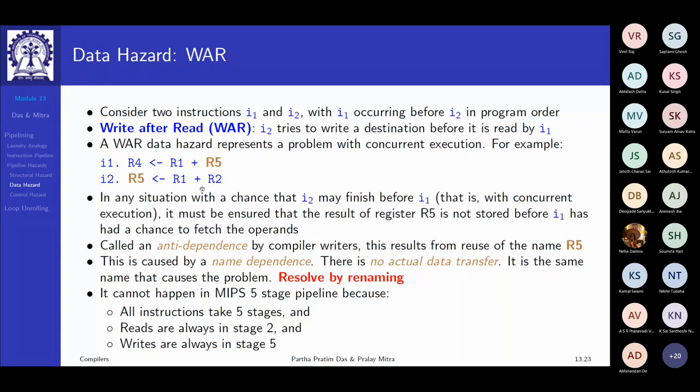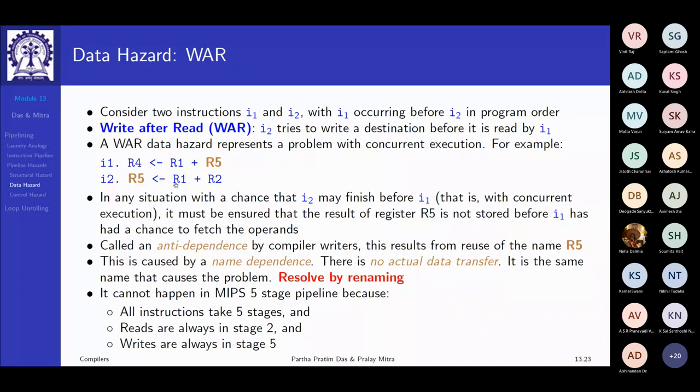So that kind of a constraint can be put in here, that since I want a pipeline and the distance between these instructions is just 1, whereas I will at least need a distance of 2, so that the write back can be proper. So what we can simply do is rename this into something else. Of course, this will mean that we need more registers. So you can rename this and solve this problem.